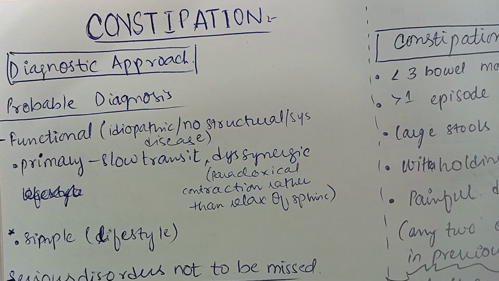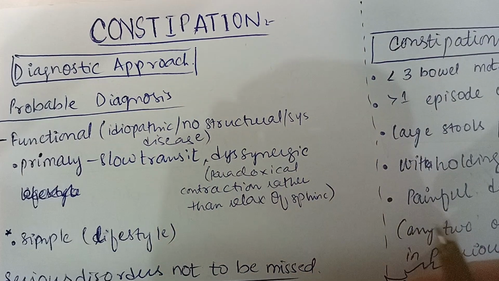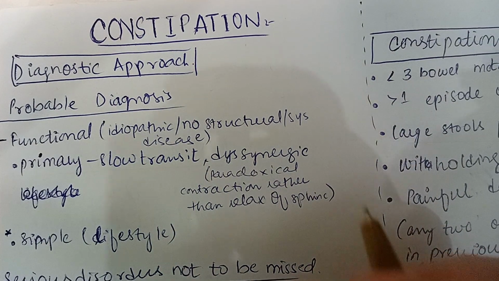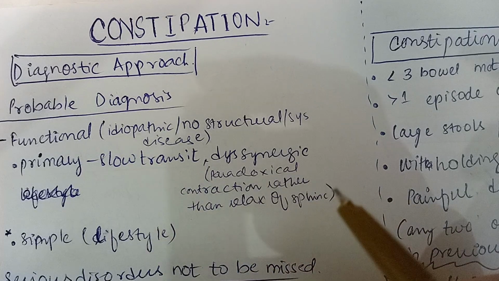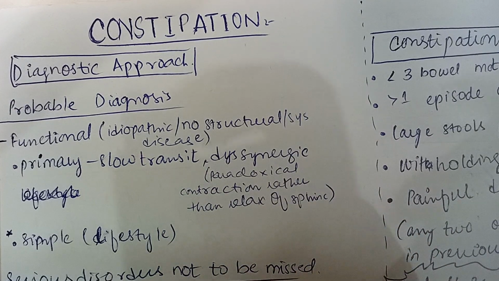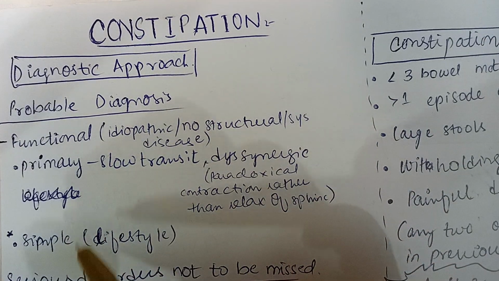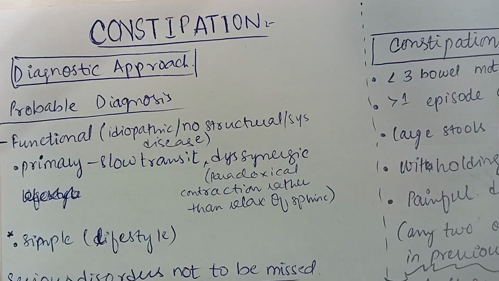This type of constipation is due to lifestyle, like sedentary lifestyle, lack of exercise, lack of sleep, and bad bowel habits, often ignoring the call of defecation. These all come under the simple constipation.